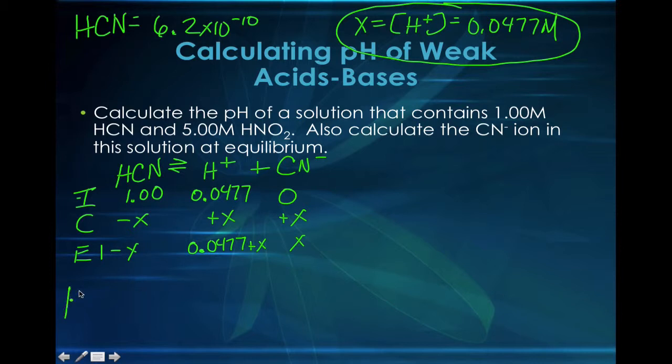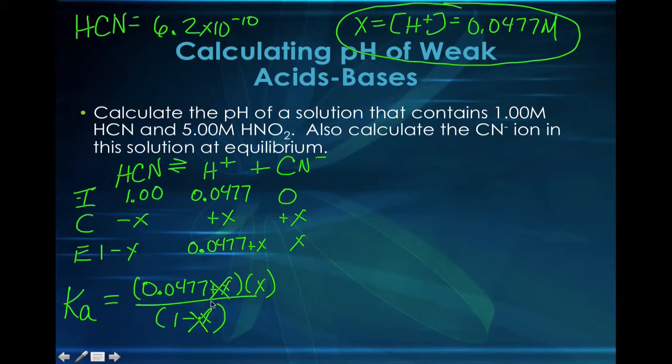So what I'm going to do is set up my Ka so I can solve for this x, my second x. It is 0.0447 plus x times x over 1 minus x. Because I like to make my life easy and it's not going to matter, I'm going to get rid of the plus x and the minus x. I'll rewrite this as 0.0447 times x over 1, and all of that is equal to 6.2 times 10 to the negative 10th.